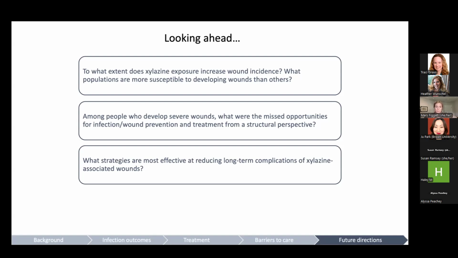Thinking more about these missed opportunities, there are a lot of creative new programs that people are trying out in the harm reduction world to reduce some barriers to care and provide services in ways that are much more accessible to this population. So figuring out which of those work really well and getting more support through research to understand how we can optimize that is another future step.